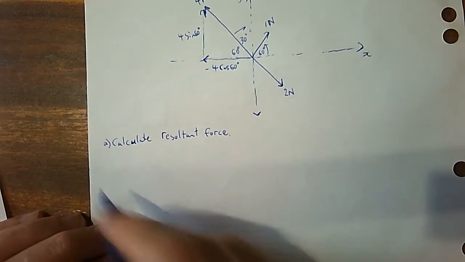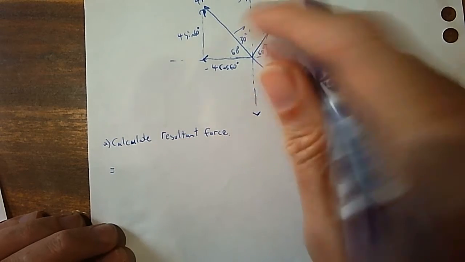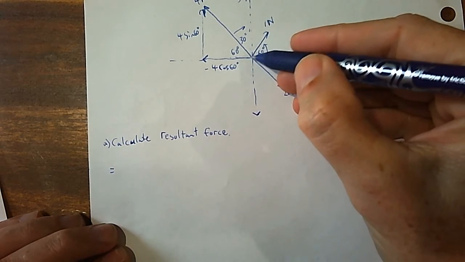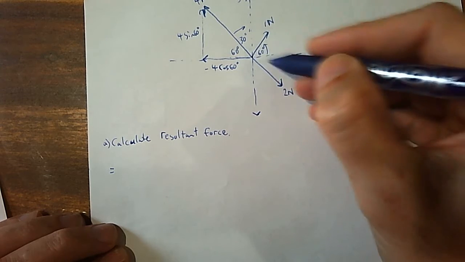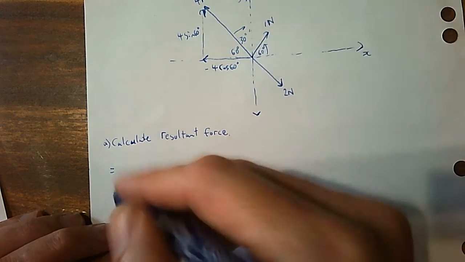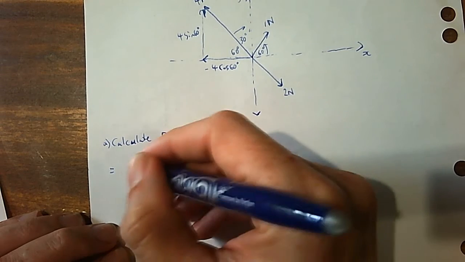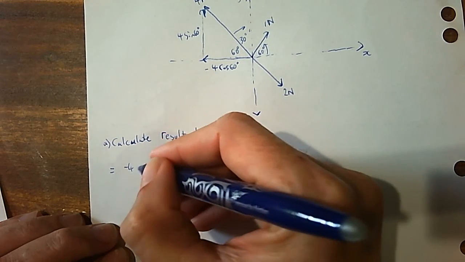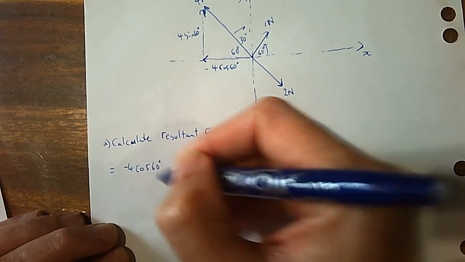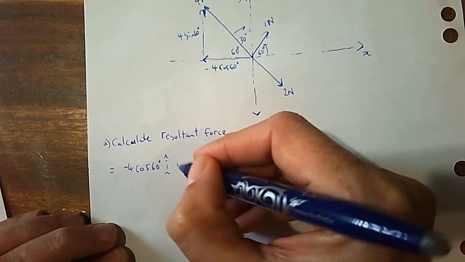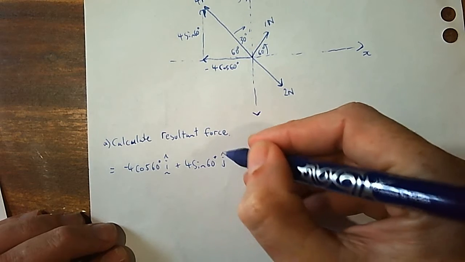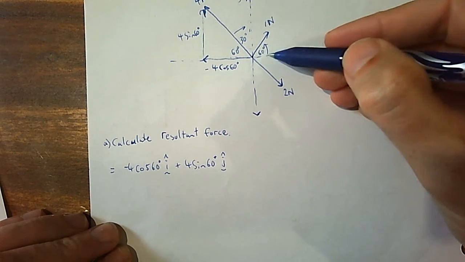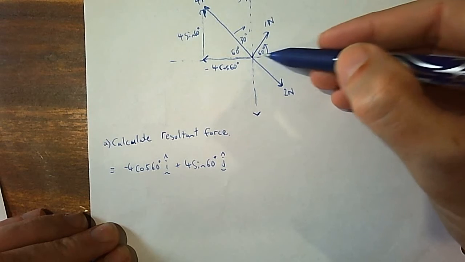So if I'm looking for this resultant force acted upon this object at the center of these 3 forces, then the first force of 4 newtons can be broken up into the I and J components of -4 cos of 60 degrees I plus 4 sine of 60 degrees, and that's J. Now moving to my next force, the 1 newton force.